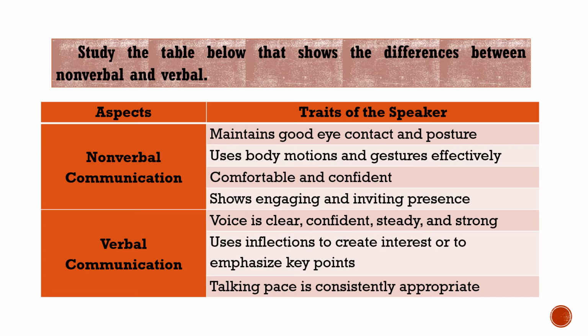This is also what we call using body language, facial expressions, and gestures when it comes to nonverbal communication. For verbal communication, a speaker should have a clear voice, confident, steady, and strong. He must use inflections to create interest or to emphasize key points. And of course, talking pace is consistently appropriate.